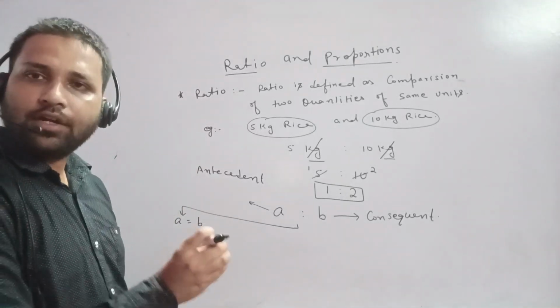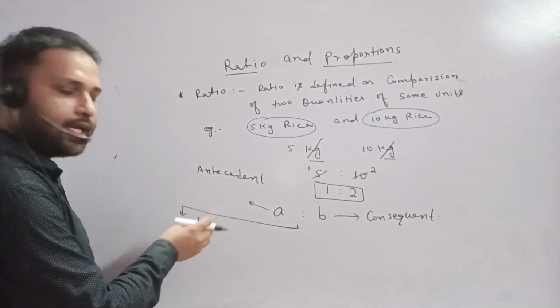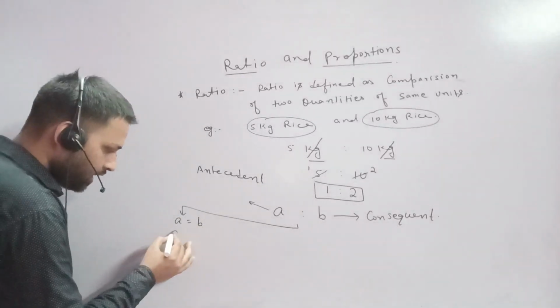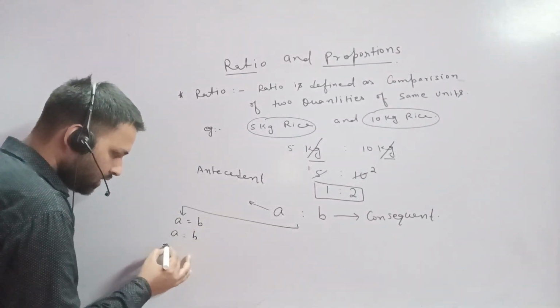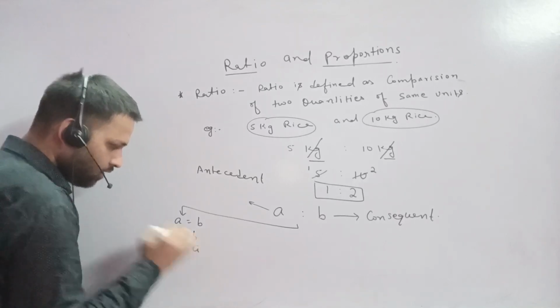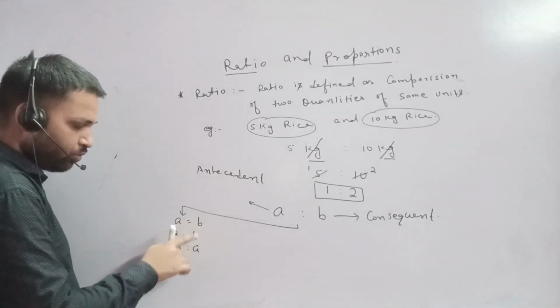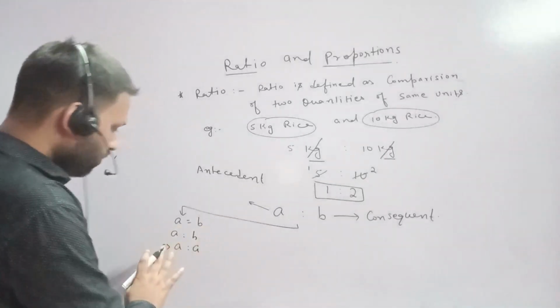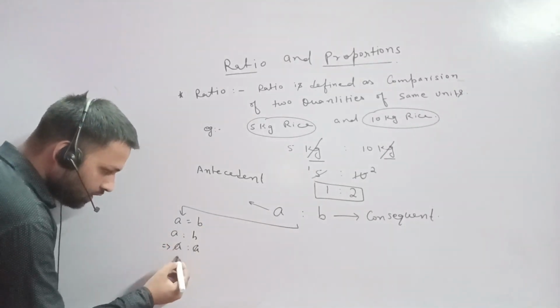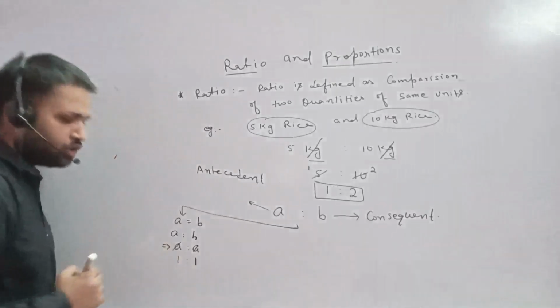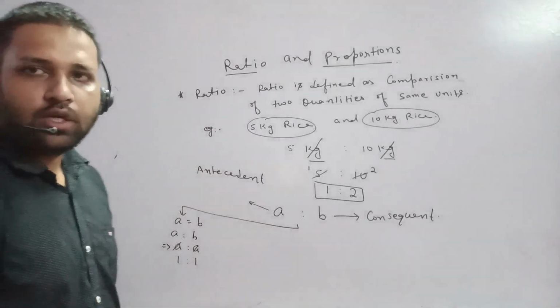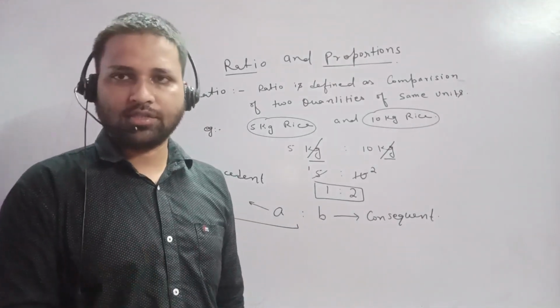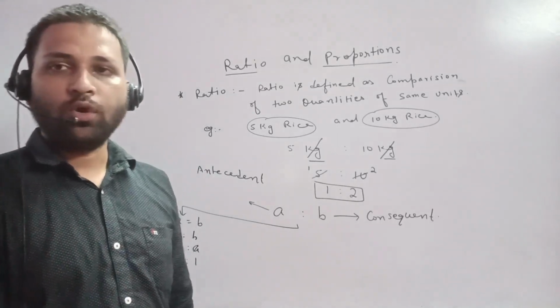If we find a ratio where A is equal to B, then we write A is to B, that means A is to A. If A is to B, put the value of B equal to A. Now if you cancel out, we get 1 is to 1. If the values of two quantities are the same, then we get the ratio 1 is to 1.